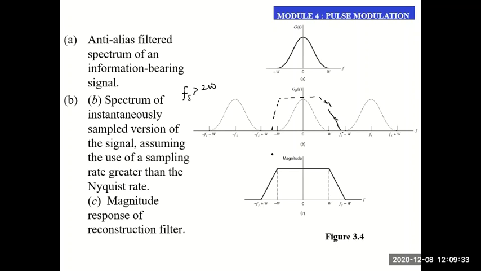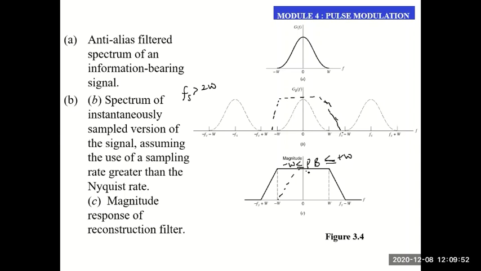In the sense, till W and minus W, it should have a flat band. The pass band of the filter should lie between minus W to plus W, right? This is the flat pass band where it is passing the signal.